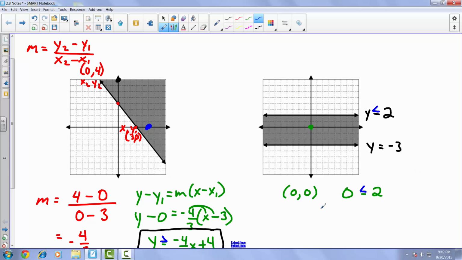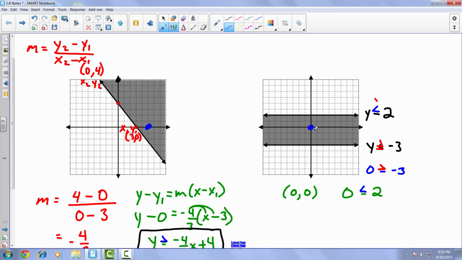Is 0 equal to -3? No, it's not. But again, it's just helping us set up our inequality. In order to make this true, we'd have to change our inequality such that 0 is larger than or equal to -3. And as a result, from our original equation, y would have to be larger than or equal to -3.